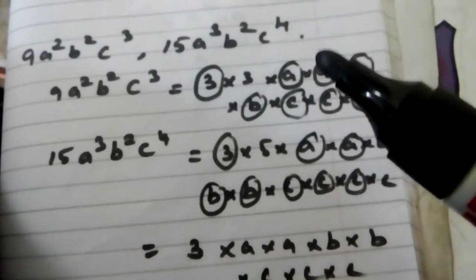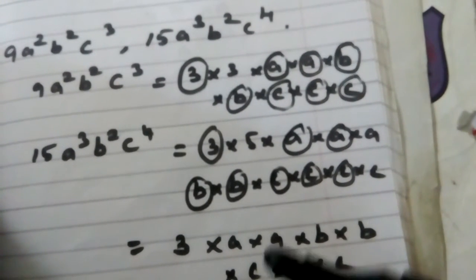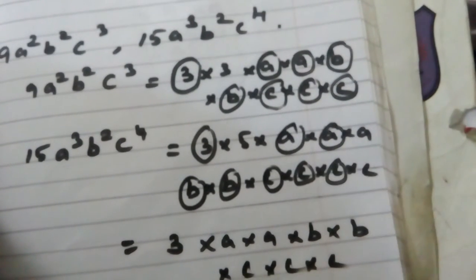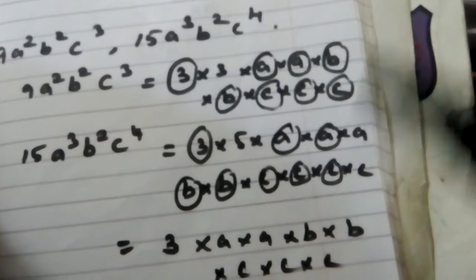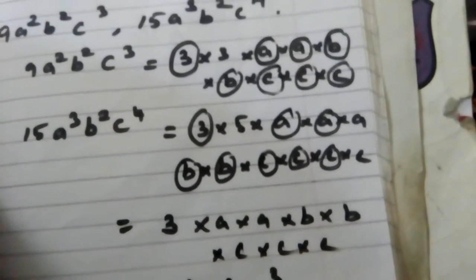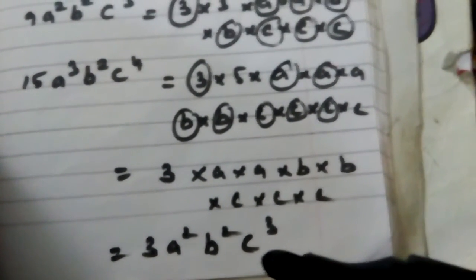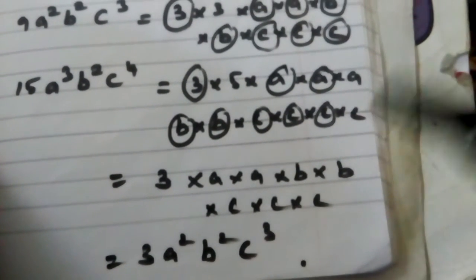And a is common: there are 3 a's in one and 2 a's in the other, so you can take 2 a's. And b, 2 b's are there, so you can take 2 b's. And c, 3 times, so you can take that. After writing all these common factors, you can write it like this: 3 into a squared into b squared into c cube. This completes the process of this sum.